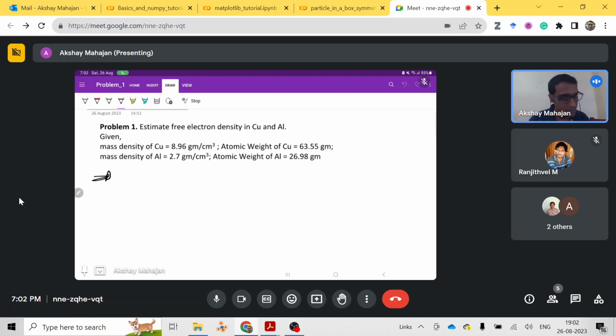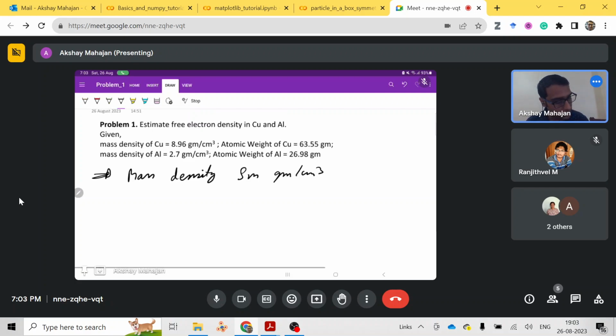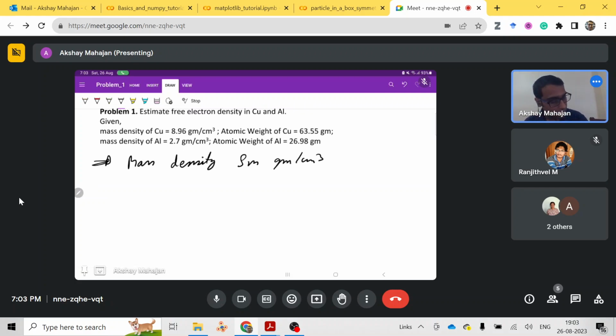So let's solve this problem. Here we are given mass density, which we will denote by rho of m, in gram per centimeter cube. And what is this atomic weight?